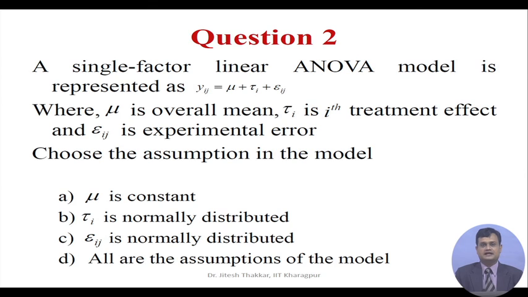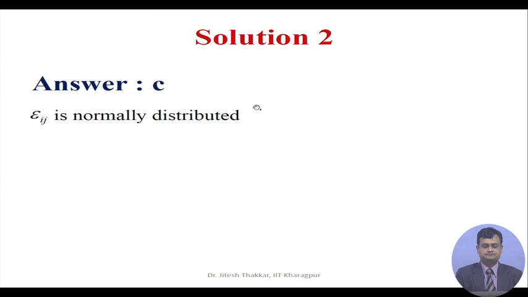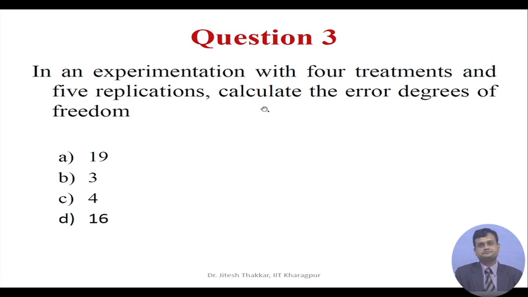Choose the assumption in the model. Mu is constant, tau i is normally distributed, epsilon ij error is normally distributed. All are the assumptions of the model. The answer C is the correct one.